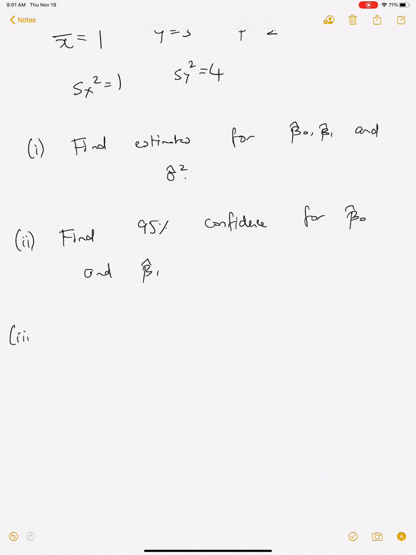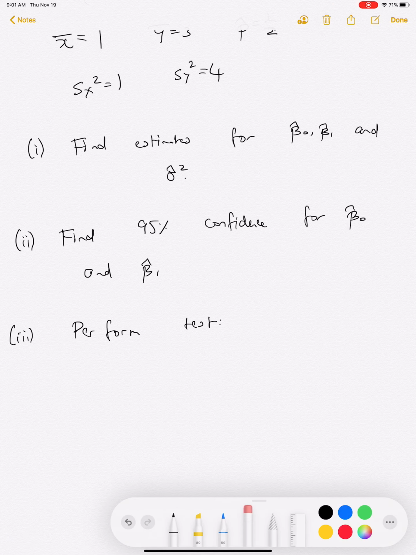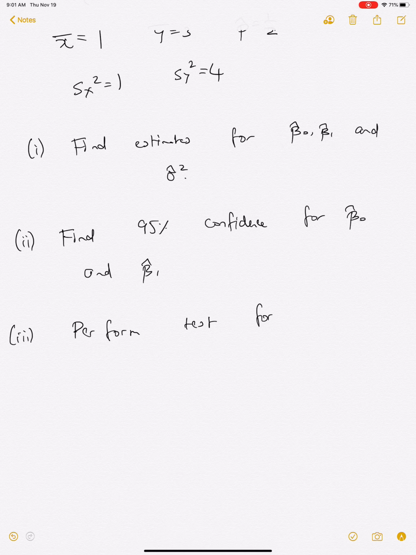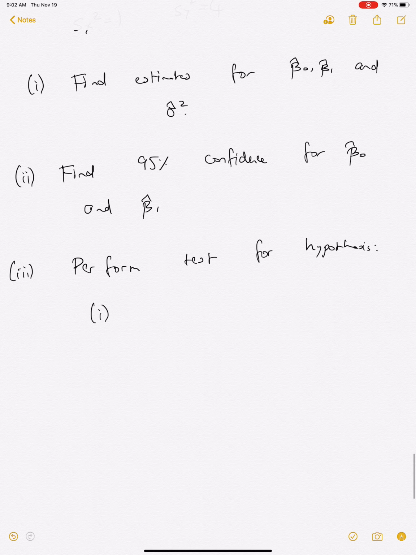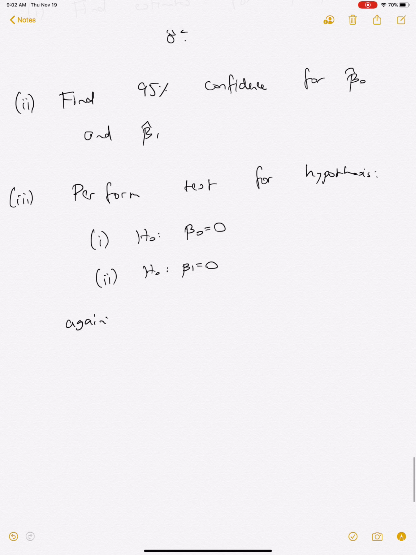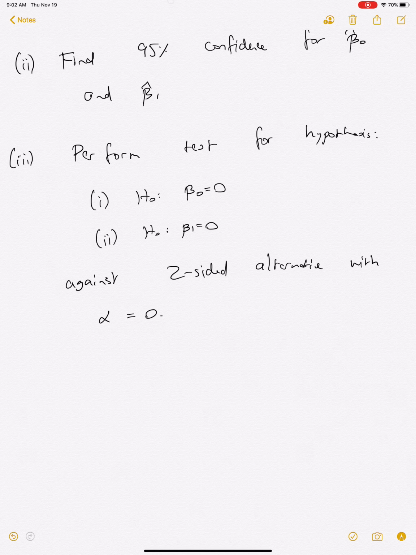And for part 3, we're going to perform a test for hypotheses H0, which is beta 0 is 0, or the second one, and we're going to do that against a two-sided alternative with alpha, the significance level, equal to 0.05.